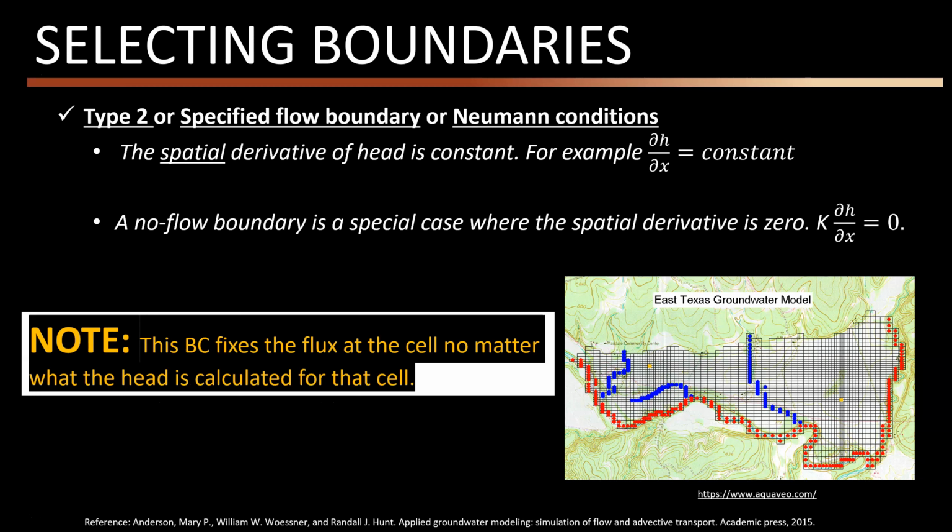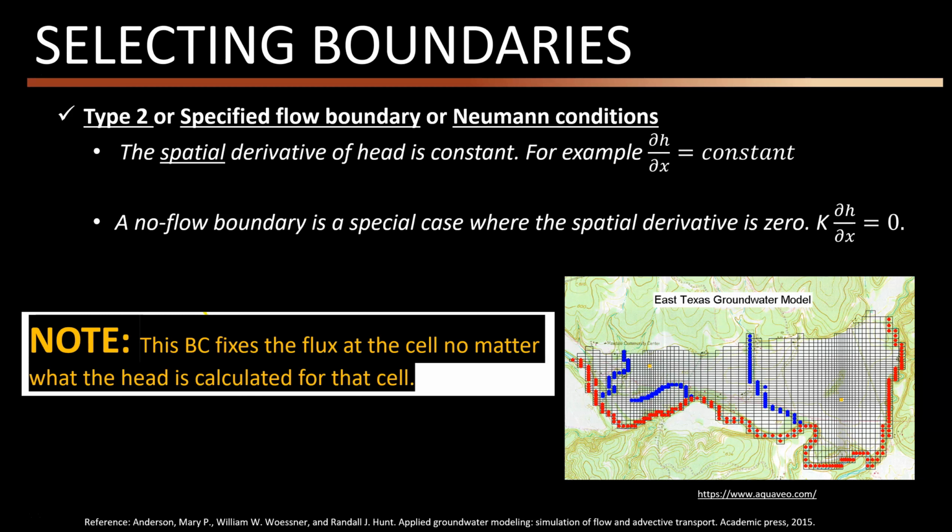Similar to the type 1 boundary condition, which was the specified head boundary condition, type 2 is a specified flow boundary condition, which is also called the Neumann boundary condition.